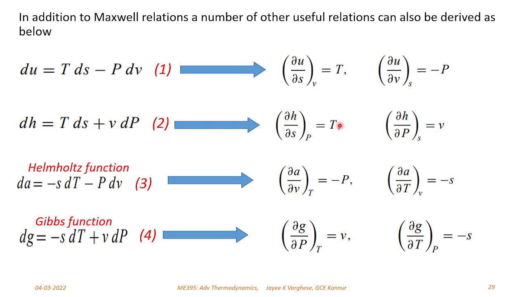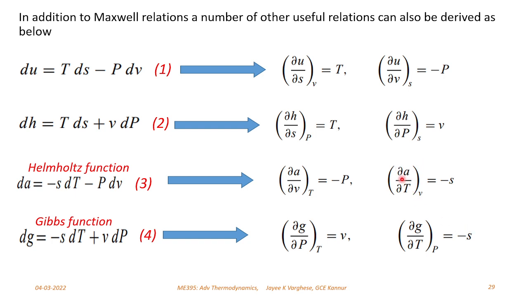Here, in these relations, we have used the specific terms, like specific energy, specific enthalpy, specific Helmholtz function, and specific Gibbs function. When we write the specific equations, temperature is an intensive property and pressure is also an intensive property, but volume becomes specific volume. Similarly, entropy becomes specific entropy.